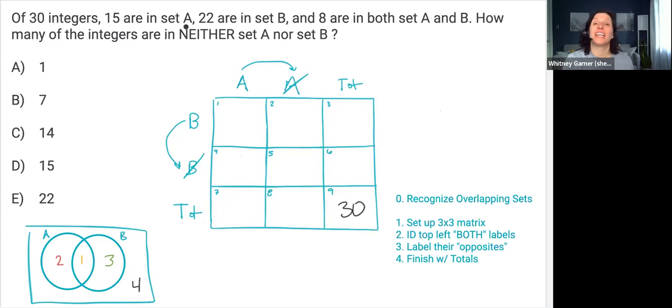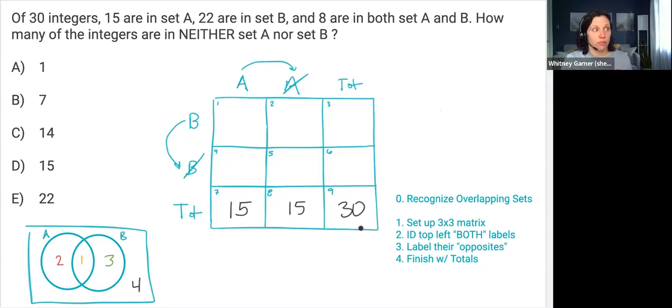And 15 of them are in set A. So I have to consider, do I know anything about their inclusion in set B? And for this grouping, no, I don't. I just know that they're in set A. So 15 in set A, which would imply that there are 15 not in set A because they add together.